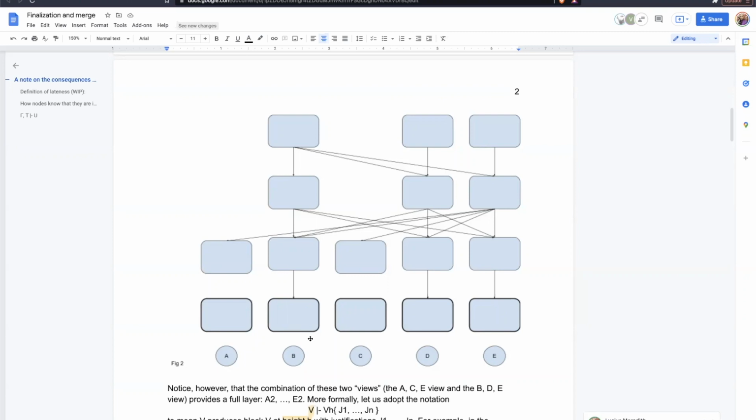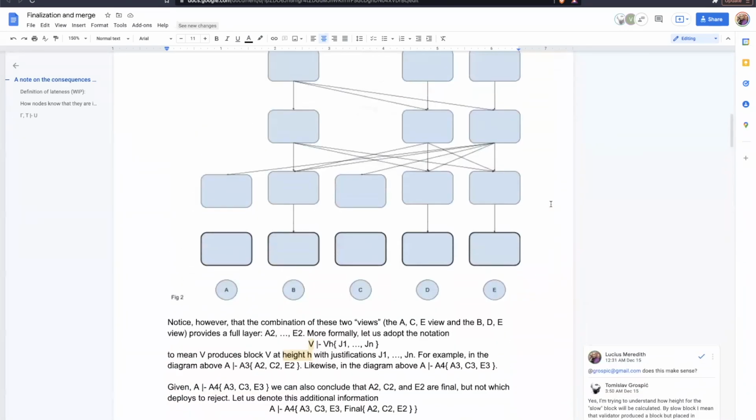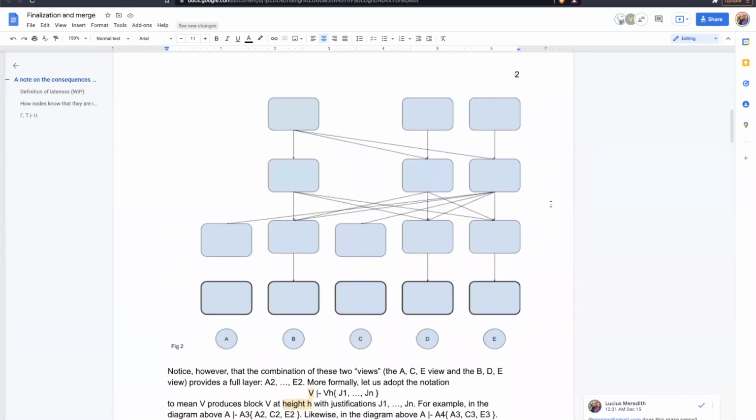For example, I could write down just this chunk here, the AB chunk, without the rest of the diagram. So you're even ignoring some justifications. Even though B4 has justifications from D and E, you're not drawing them. That's correct.